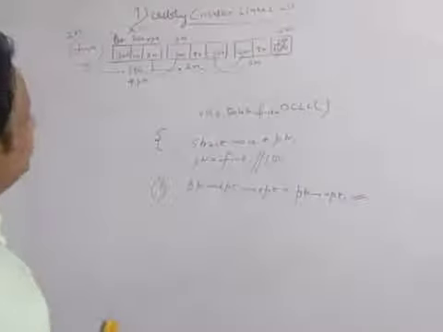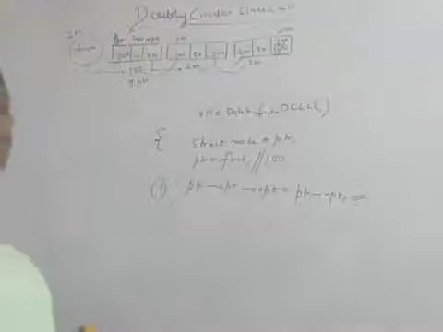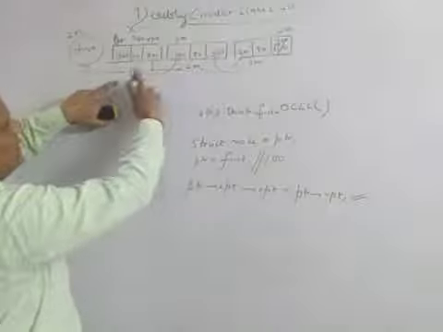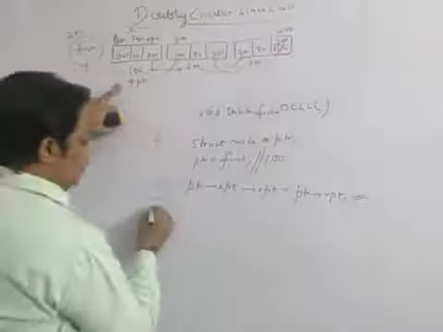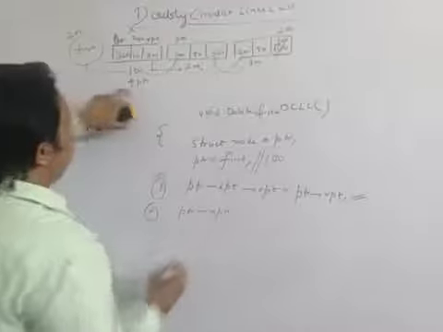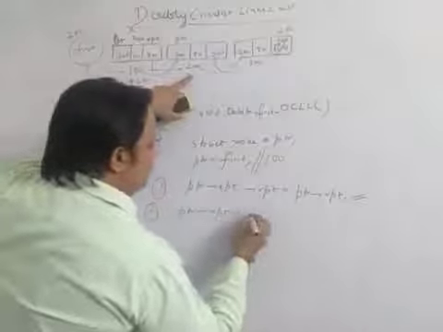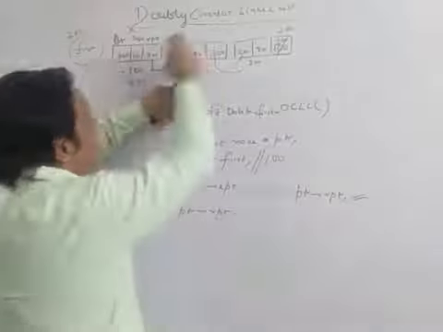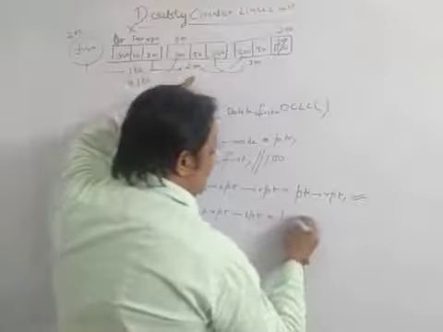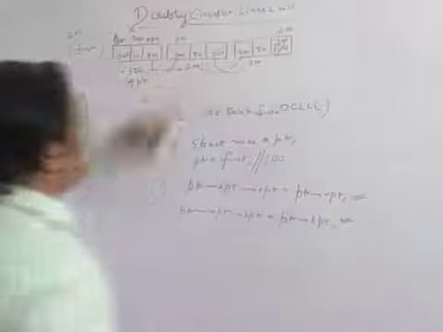Now second change. I require 300 here. For this you have to first target 200. So how will it reach 200? PTR arrow RPT will give me 200. And I want to change this block, which is the LPT of 200. And I want 300 here. And 300 is nothing but PTR arrow LPT. So PTR arrow RPT arrow LPT is equal to PTR arrow LPT. So this is my second change.